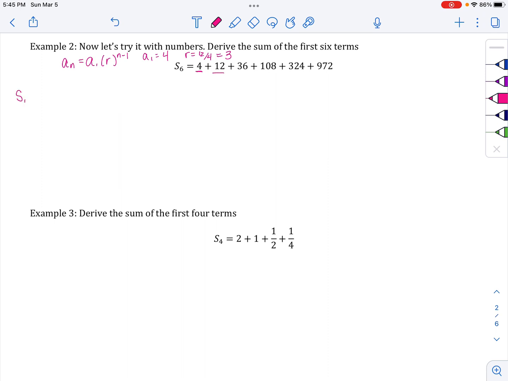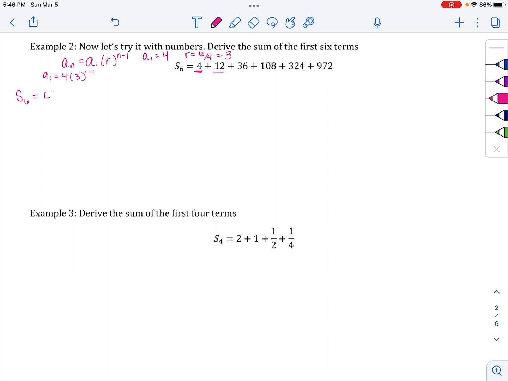So s sub 6 equals, for the first term 4, I need to rewrite it as a sub n. So a sub 1 is equal to a sub 1, which is 4, times r, which is 3, to the 1 minus 1 power. 1 minus 1 is 0.